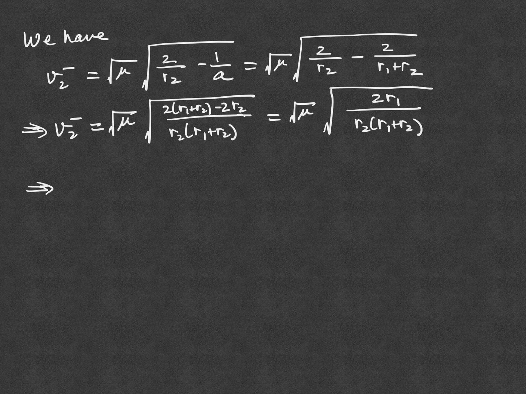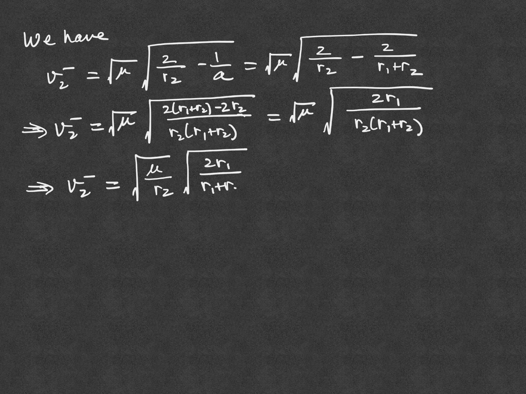So that implies that v2 minus is equal to the square root of mu over r2 times the square root of 2r1 all divided by r1 plus r2, which is equal to the square root of mu over r2 times the square root of r1 all divided by a.